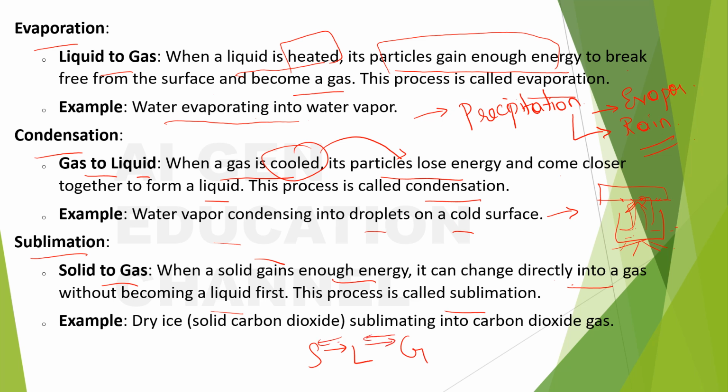But in sublimation, the particles have gained so much heat that they directly convert to gas instead of becoming liquid. So this process is called sublimation. The example is dry ice sublimating into carbon dioxide gas.